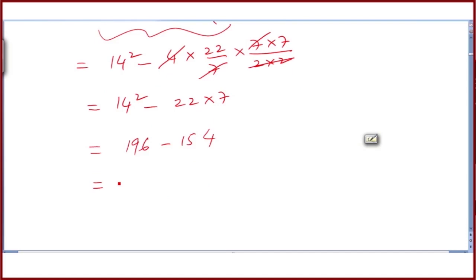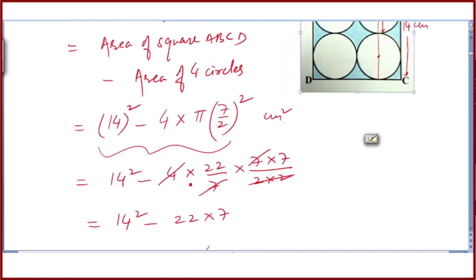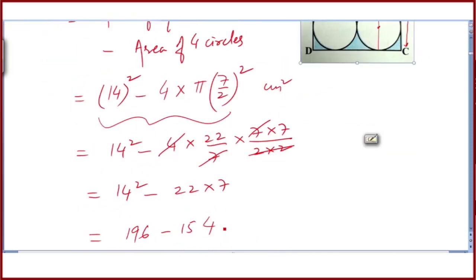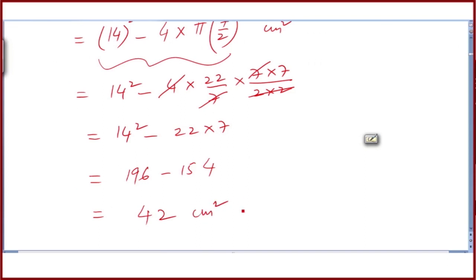So 196 minus 154 will give me 42 centimeter square is the area of the shaded region in this figure, right.